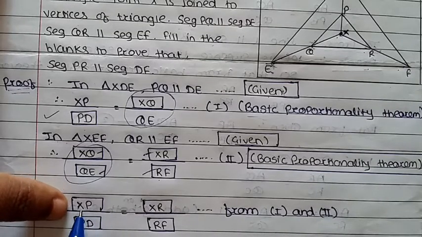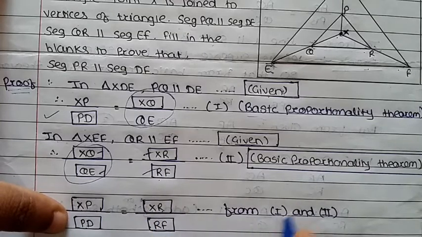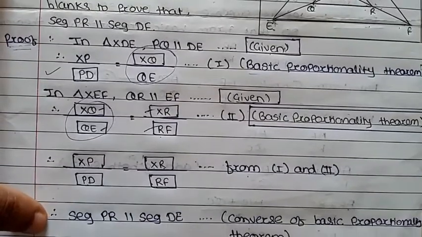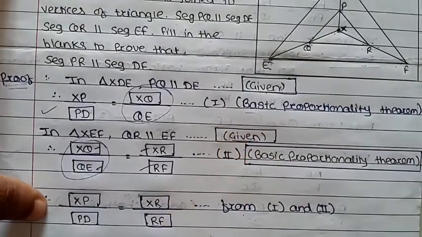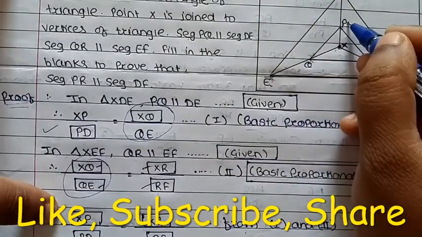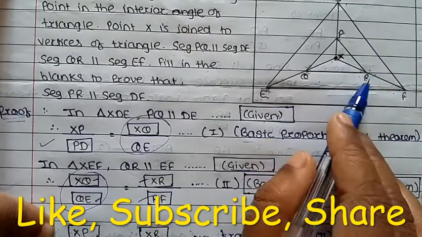So we write XP upon PD is equal to XR upon RF from equation 1 and 2. Okay. Now next, therefore we can say that, yes, listen, what is the proportion? That is XP divided by PD and XR divided by RF.